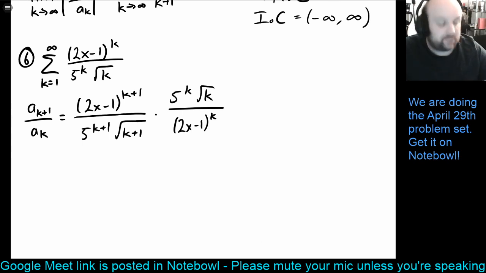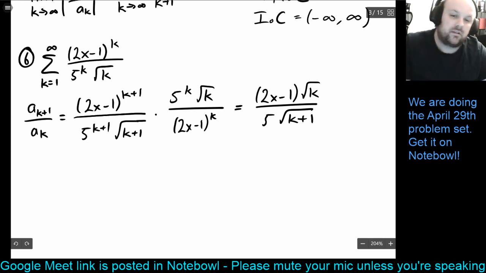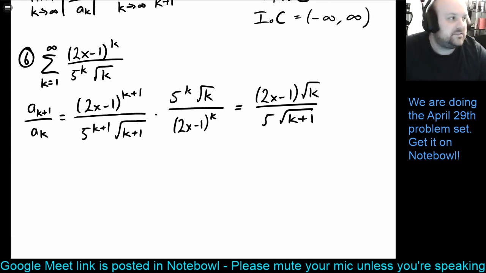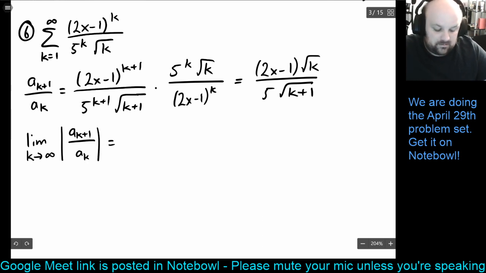And simplifying what we can here, we're going to get (2x minus 1) square root of k over 5 square root of k plus 1. That's what that is. So let's take our limit here, a k plus 1 over a k.